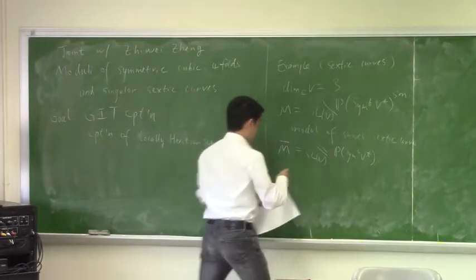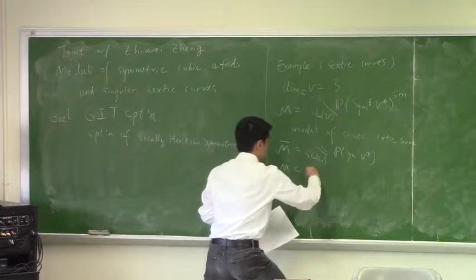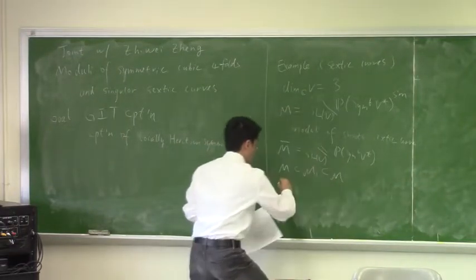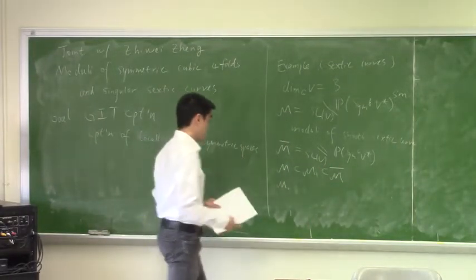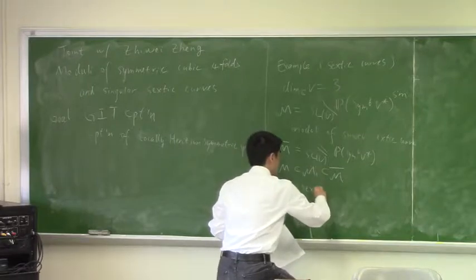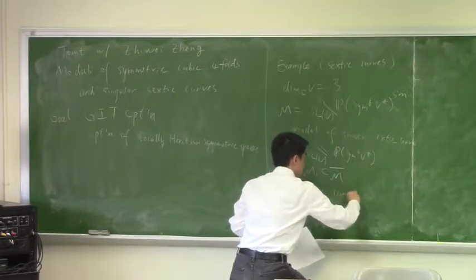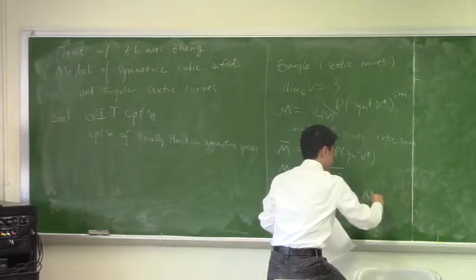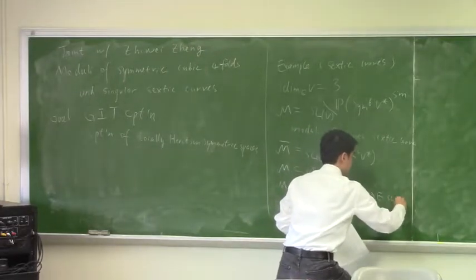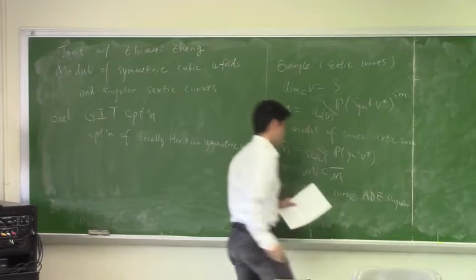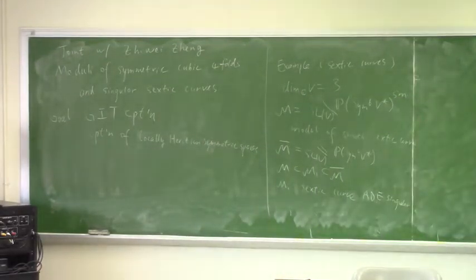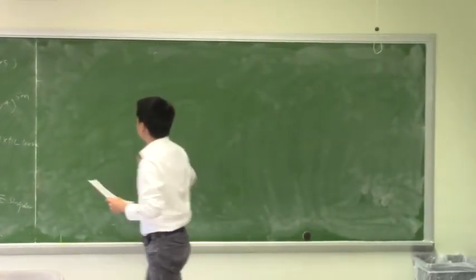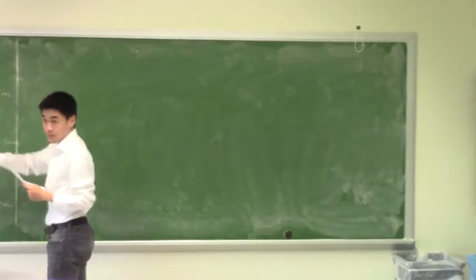And we also have something in between. M1 is the moduli of sextic curves with simple singularity, with ADE singularity. From a sextic curve, we can construct a K3 surface using a double cover over P2.